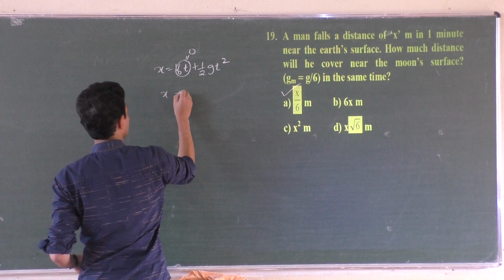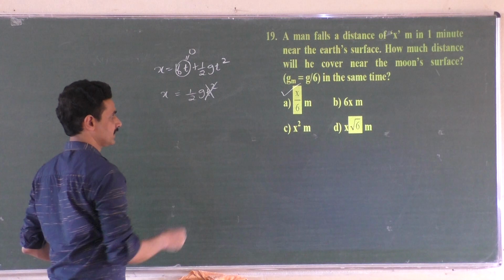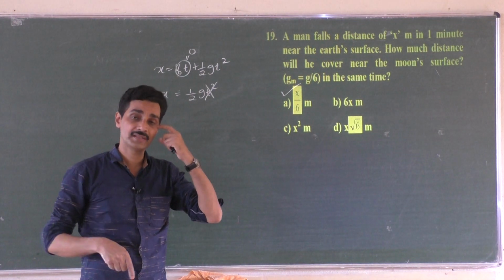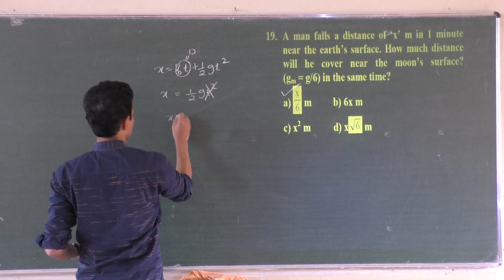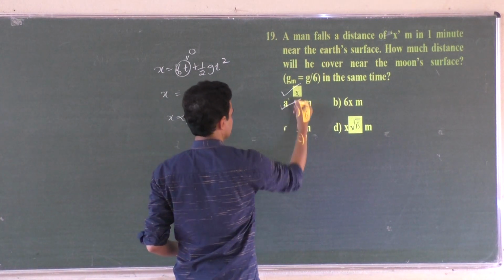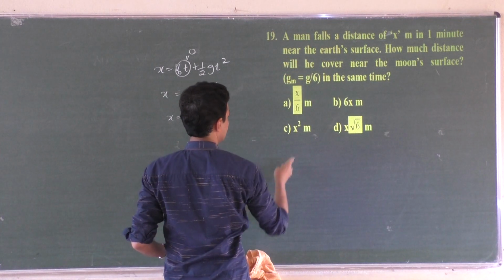So x is equal to half g t square. Time is not in the comparison, because in the same time we have to compare how much distance that object will fall on the surface of the earth as well as on the moon. So x is proportional to g. If g is g/6 on the moon, x is x/6.